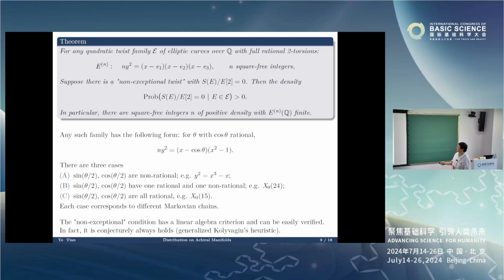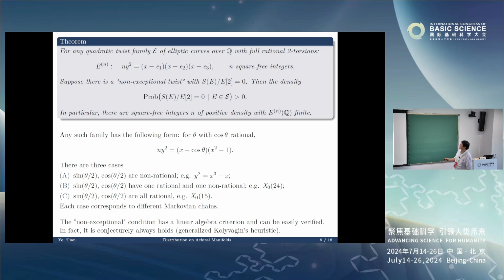Suppose there is no exceptional twist with nontrivial 2-Selmer group, then the density of twists with trivial 2-Selmer rank is positive, where S is the 2-Selmer group.